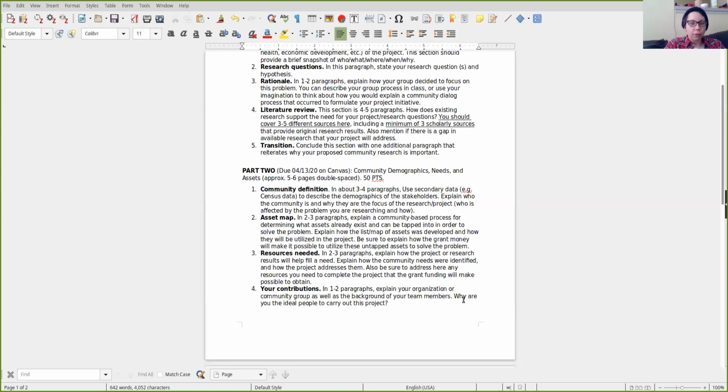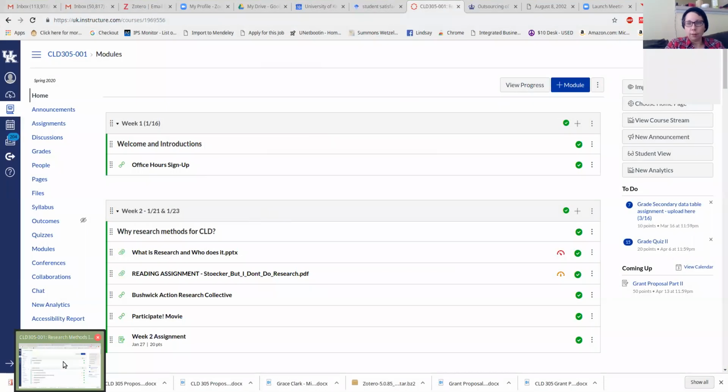I also would just remind you, while I have my screen share on, I'm going to go over to Canvas and remind you guys that we do have example proposals. And so if you're getting lost about, okay, what does she actually mean in this guide, right?